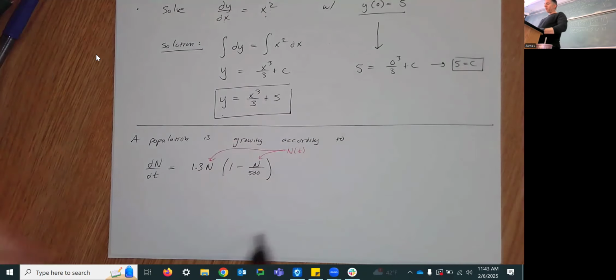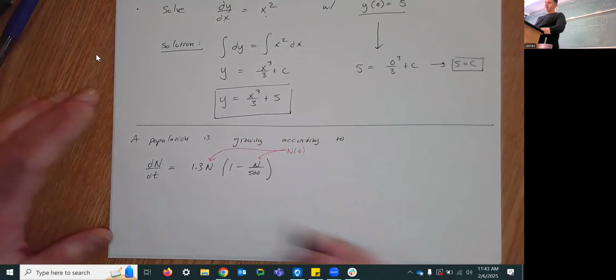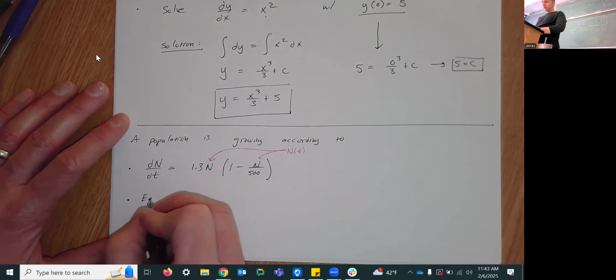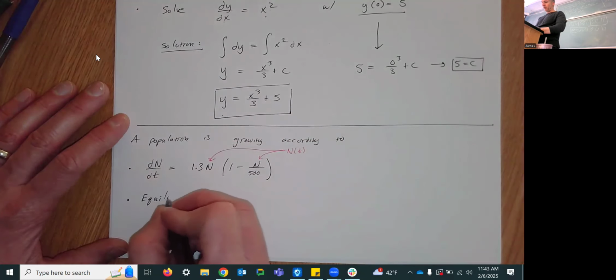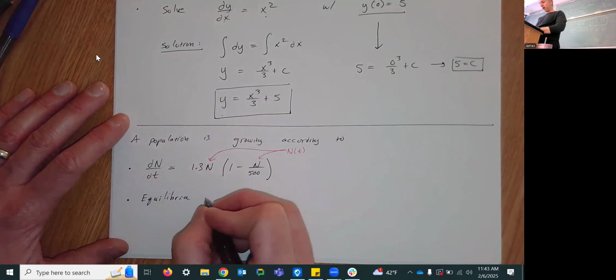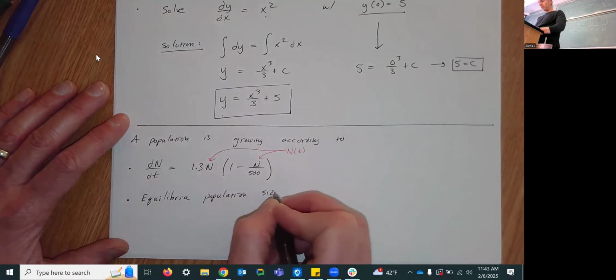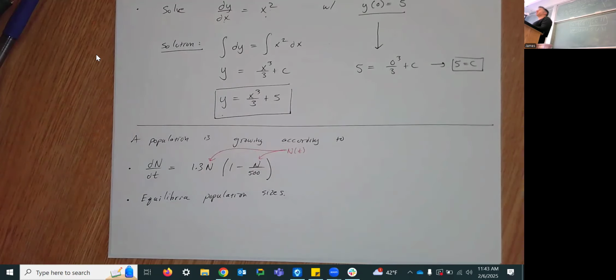So here's what I want you to see. Well, no, we'll say that first. So first I want to find the equilibrium points, or the equilibria, population sizes. When we talk about equilibria, what that means is if the population happens to be that amount, it will stay that amount, meaning it won't grow or decline.